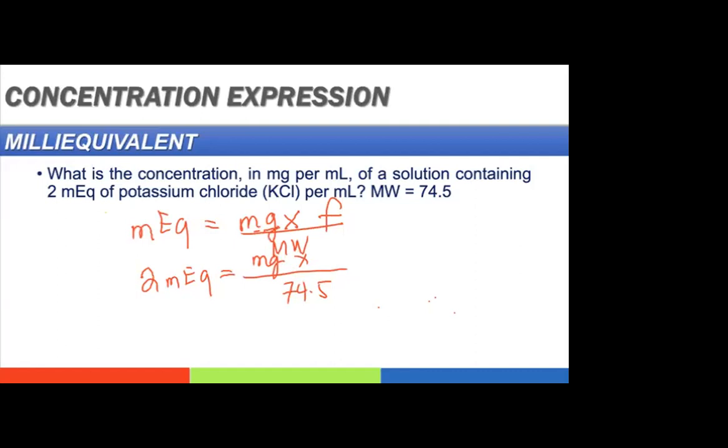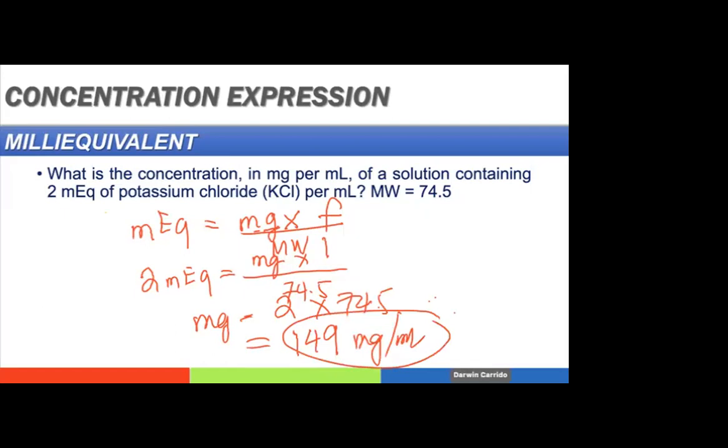So 1. What is the answer? Milligram is equal to 2 times 74.5. The answer is 149 milligrams per ml. If there is a per ml, assume it is per ml for milliequivalent.